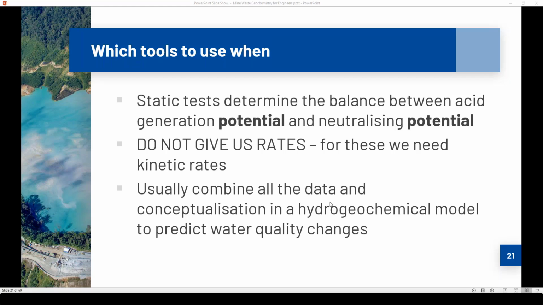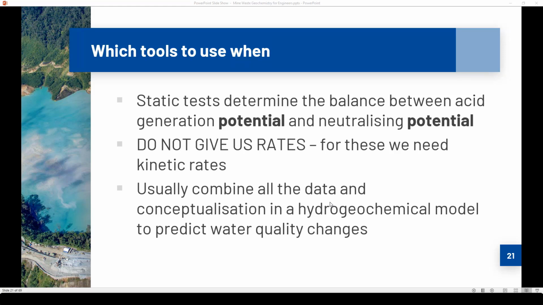So static tests are the tests that we take and do assays or once-off tests in the laboratory, generally to give us an understanding of the balance between the potential acid generation in a sample and the potential for neutralization in that sample. So that's known as acid-base accounting.